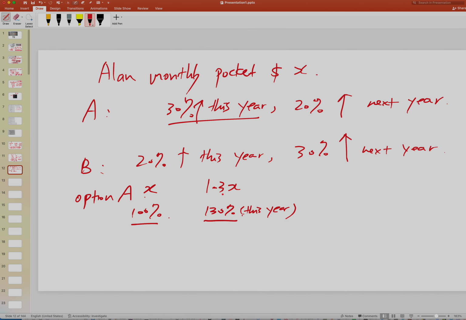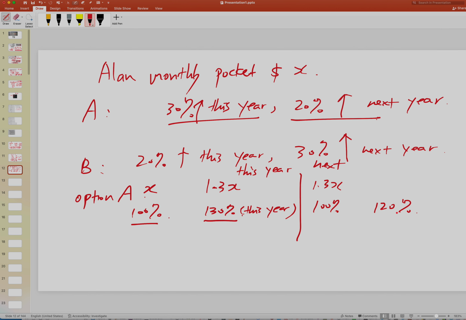So now your 1.3x is your new 100%. Then you have 20% next year. This is this year, and this one is next year. Your 1.3x is the new 100%, and now you need a 20% increase, so it's 120%. Your 100% is your 1.3x.